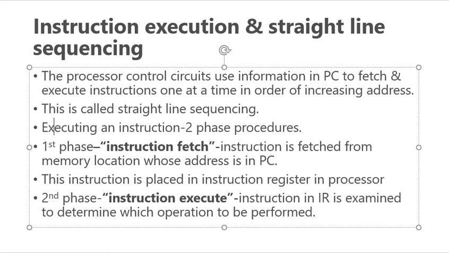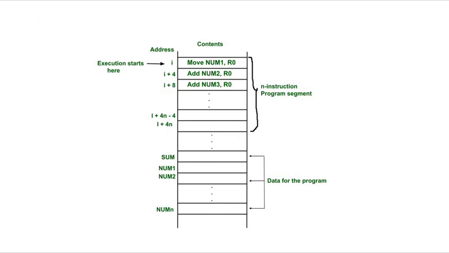In straight line sequencing, the computer executes the program in sequence, which means it takes an instruction from the location given by the PC, fetches the instruction from the memory location, processes the instruction, and next executes it. This is how the instructions are used.